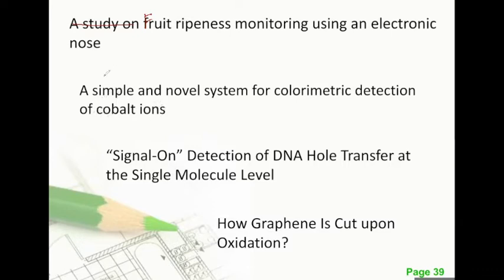Okay, the use of a simple or novel, that might be fine, but we can simplify this. We can simply say a simple and novel, tanggalin na yung system, colorimetric detector of cobalt ions. Okay, pwedeng ganon.